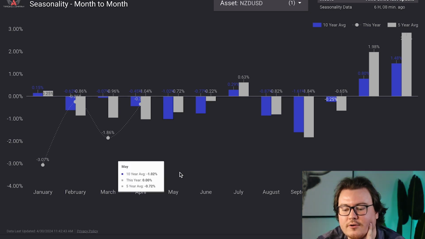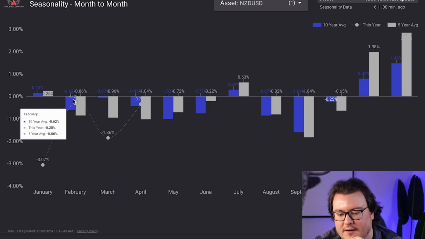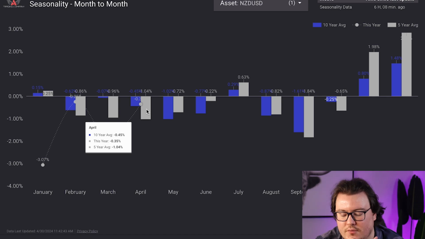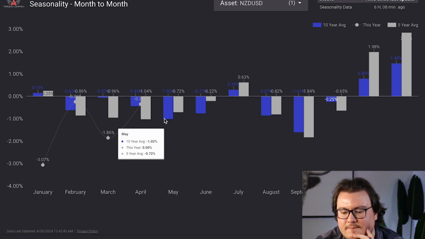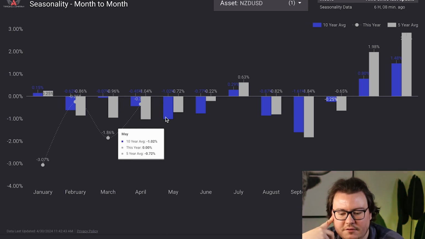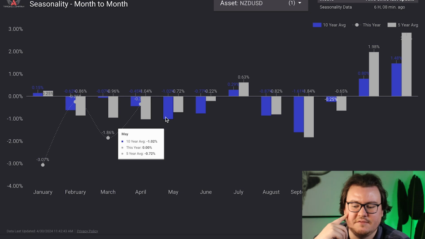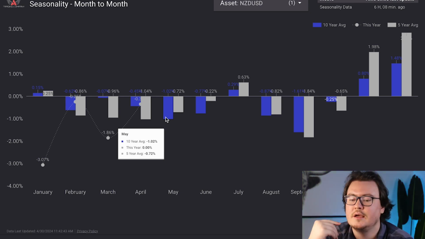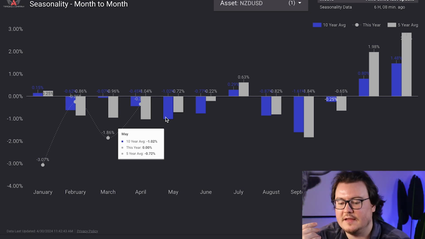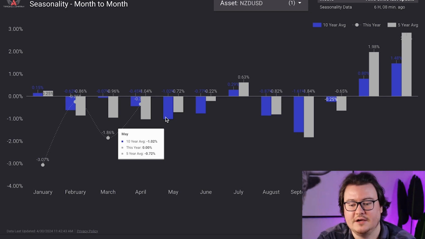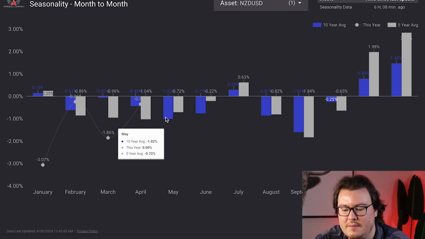The New Zealand dollar moves lower against the US dollar, and that's exactly what we saw in February, March, and April. May is supposed to be no different. On the 10-year average, we see a 1% decline. And on the 5-year average, we see a 0.72% decline. So if seasonality is telling you anything, both the 10-year average together and the last 5 years average together show that NZDUSD trades lower in the month of May.